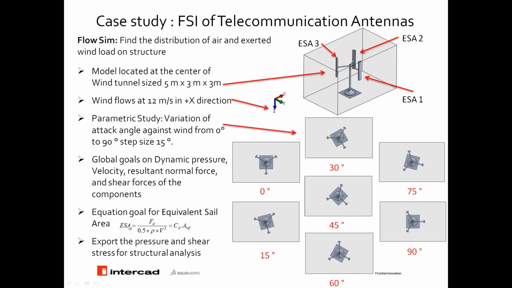Since I would like to create my own formula to be traced, ESA is simply defined as the force divided by 0.5 times density times velocity square. Well, it is equal to drag coefficient times, let's say, effective surface area of the antenna. This is not a parameter in your list, therefore I have to create an equation goal for that one.